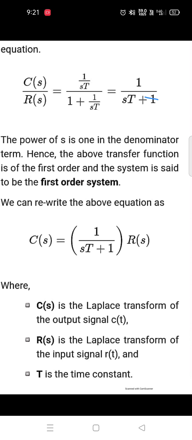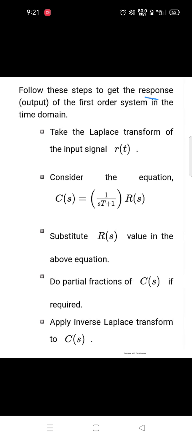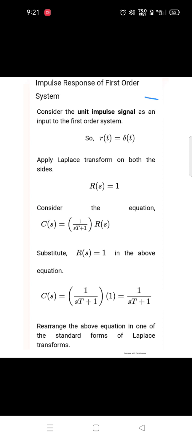It is a first order system, for which signal? Unit impulse signal. Now let's take the first order system for our standard signals. So first is the impulse signal. So what is the impulse signal? Our input will be delta t. The impulse signal we can define as delta t, and by applying the Laplace transform on both sides, R of s equal to 1.